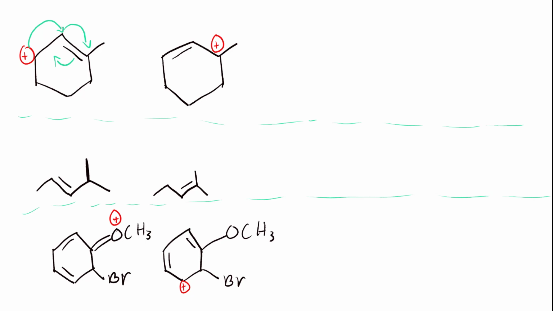If we only stopped over here and we had positive right there, or I should say if we moved only 1 atom, that would not be a resonance structure. It finished halfway, and that's not good. It needs to move 2 atoms. So these are resonance structures.